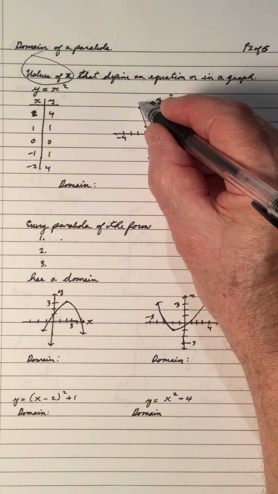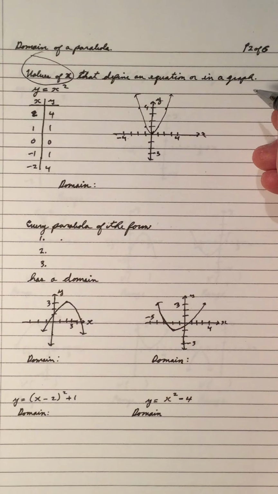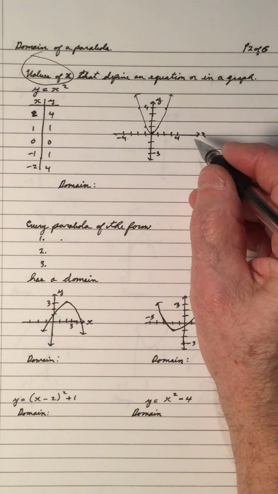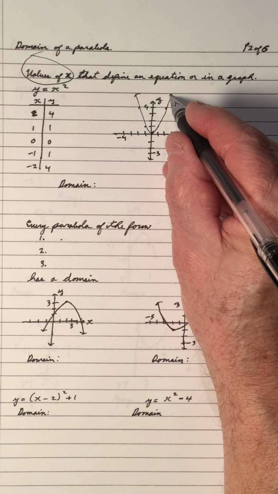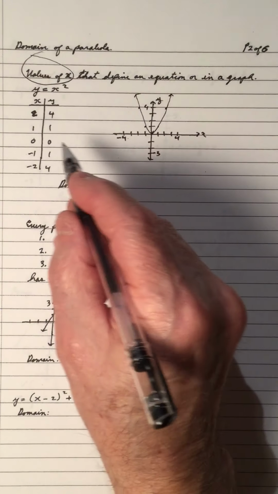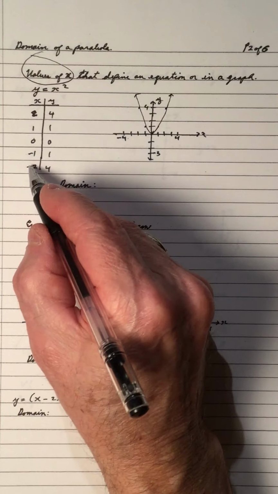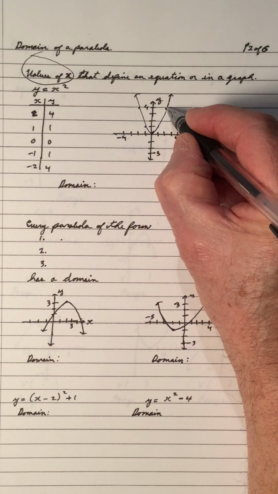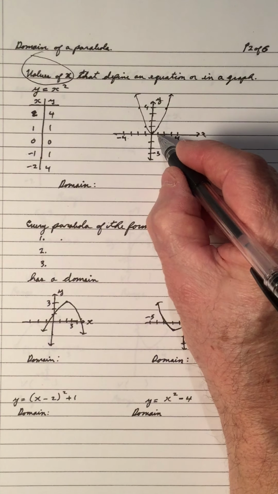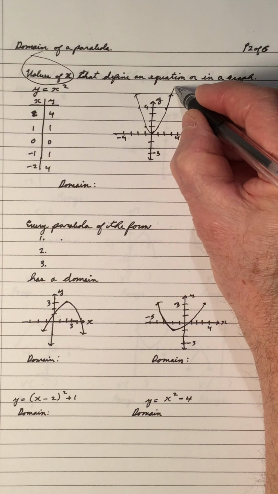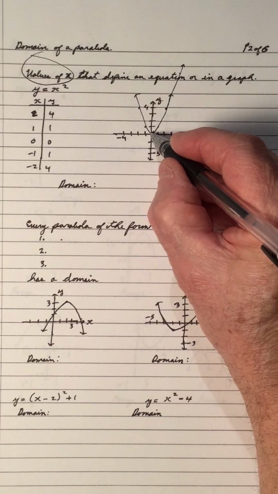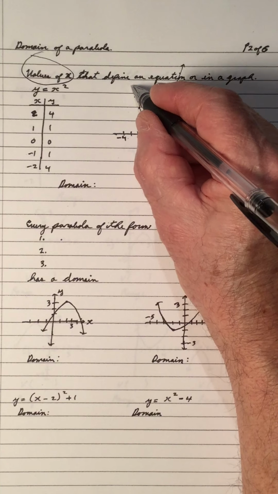Here we are, we've seen this over and over. So what happens in this case? The domain is the values of x that are in this parabola. The values of x represented in this table are only some of them. The arrow indicates that it goes on. As I go out to the right, this keeps going up and up. As I go to the left, this keeps going up and up.